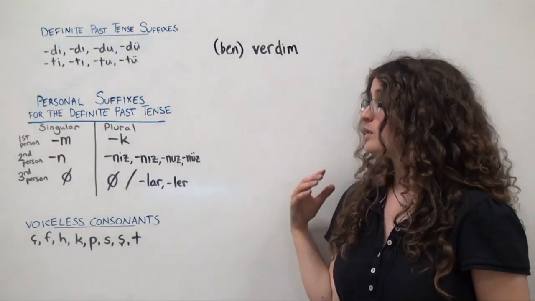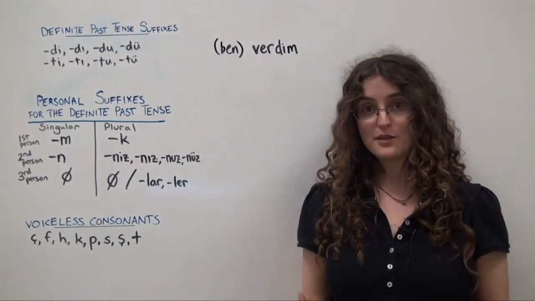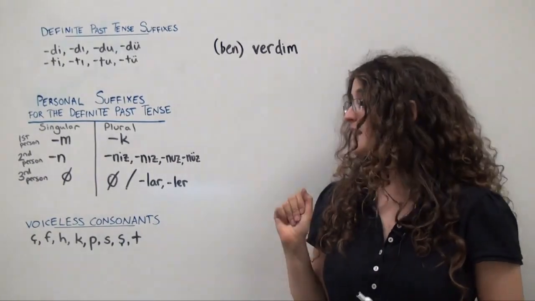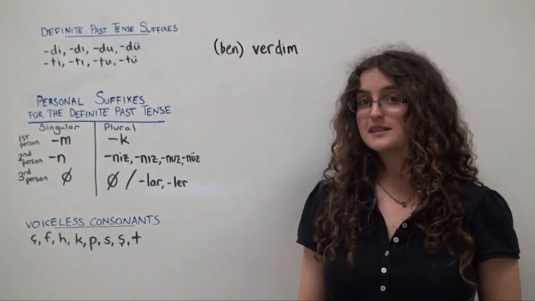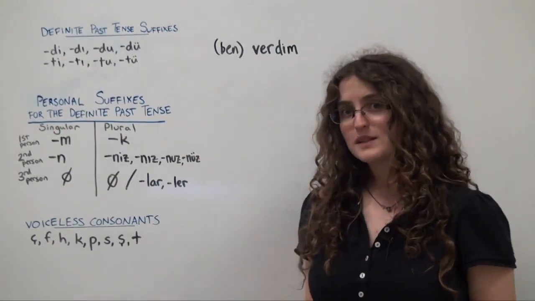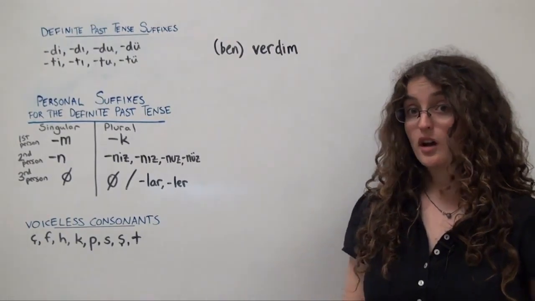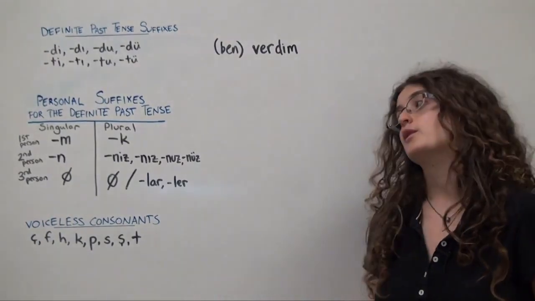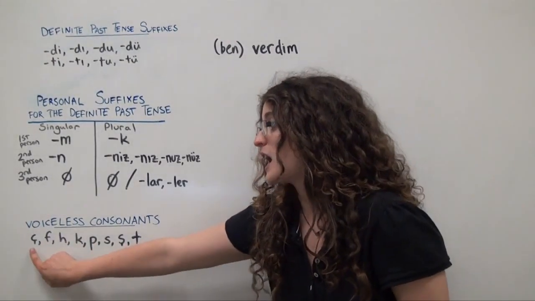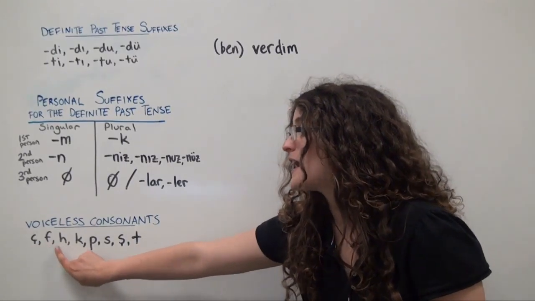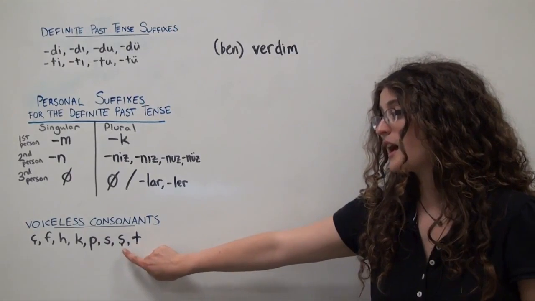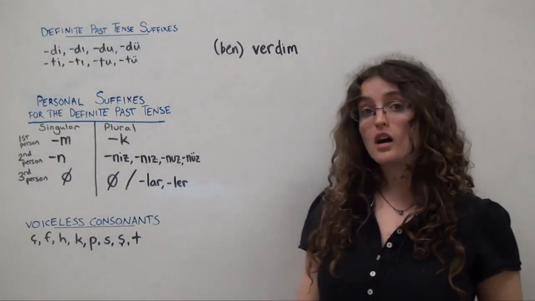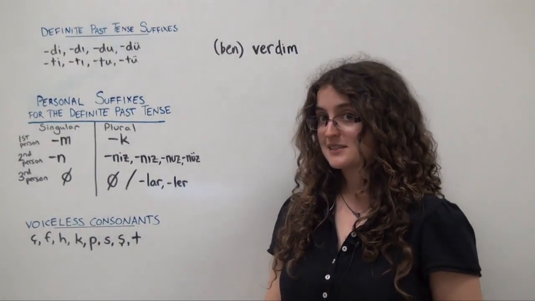Now, if the verb stem which we want to put in the definite past tense ends in what we call a voiceless consonant, we're going to do something slightly different. What's a voiceless consonant? In Turkish, a voiceless consonant is one of the following. Che, fe, he, ke, pe, se, she, or te are all voiceless consonants.